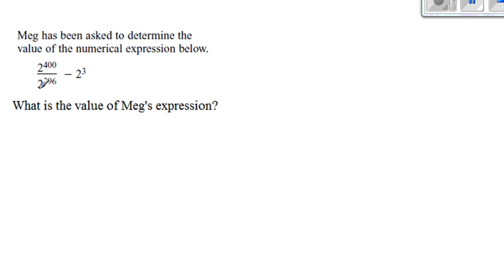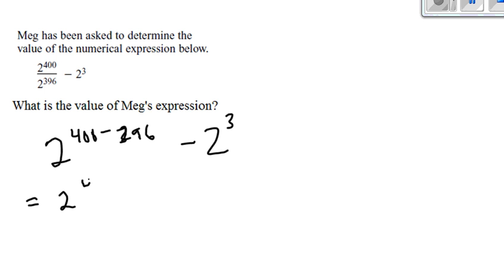So over here, I'm dividing, and the base is 2. So we know that if you are dividing and the base is the same, then you can subtract the exponents. Oops, that was a 3. And so that's the first step of this question, is to subtract those exponents and get 2 to the 4.